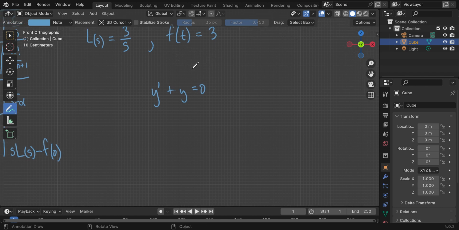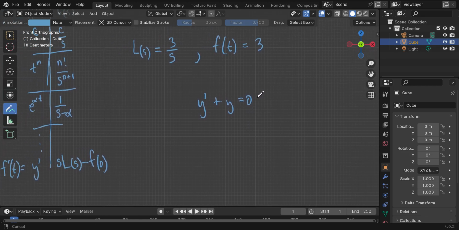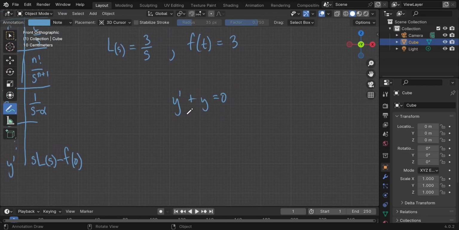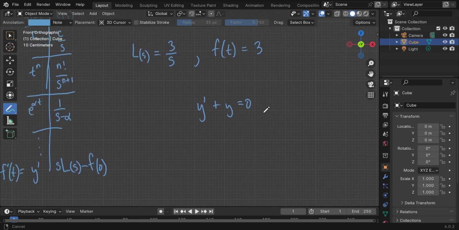Basically, convert this, solve it, and then convert it back to find y. A way that we can do that is just replacing each element of this expression with its Laplace transform, and we know how to do that for each of these pieces.